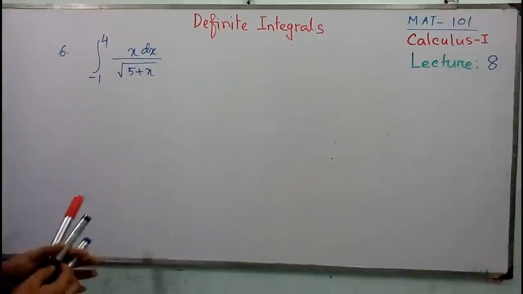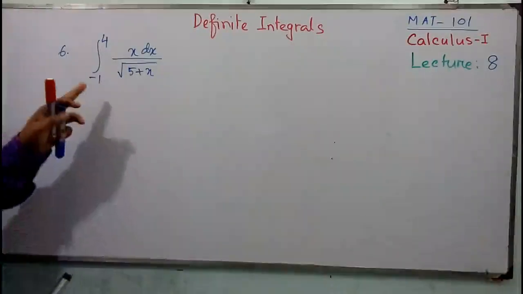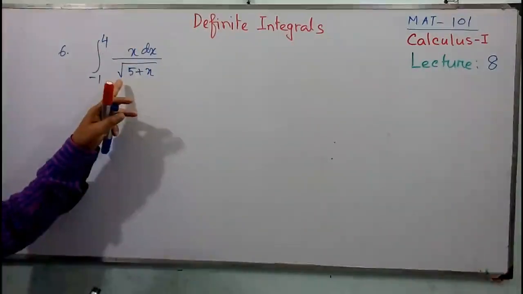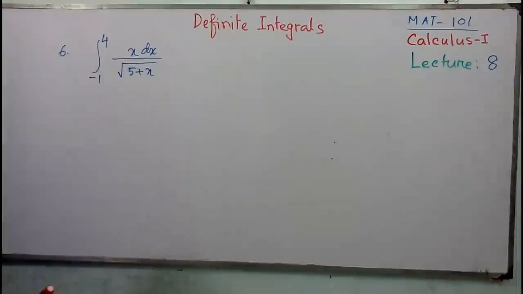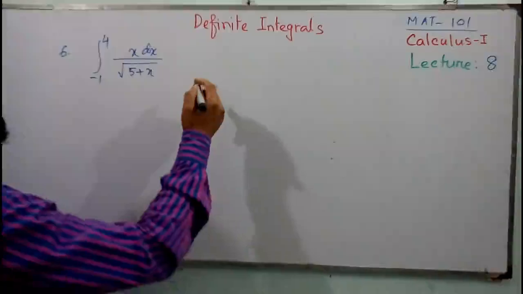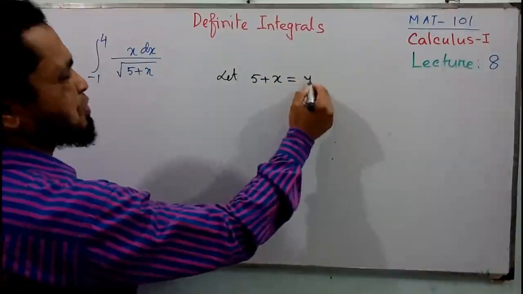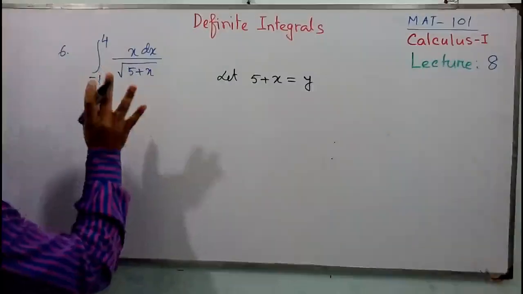Dear students, we consider problem number 6, that is integration from minus 1 to 4, these are the limits, x dx by square root of 5 plus x. We have to calculate this using the method of substitution. Let 5 plus x equals, suppose, y.